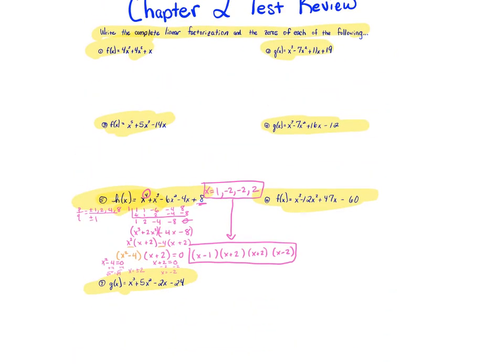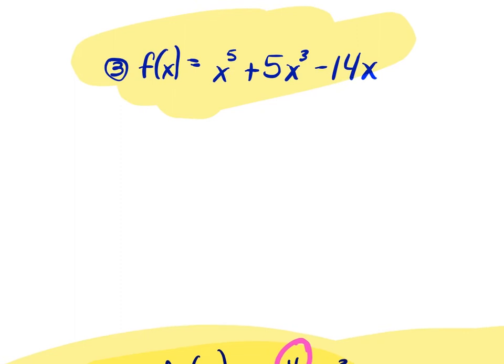So let's look at number 3. So do we have any greatest common factors that we could pull out from the start? X. So anytime we have a greatest common factor, it always helps to take that out. So we have x to the 4th plus 5x squared minus 14. Now we can see, do we have any factors of -14 that add to 5? -2 and 7.